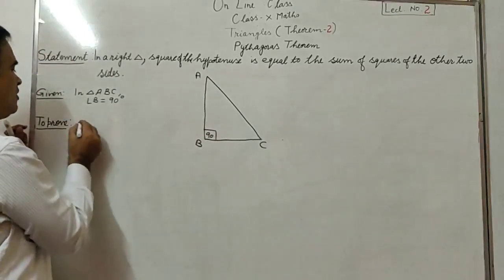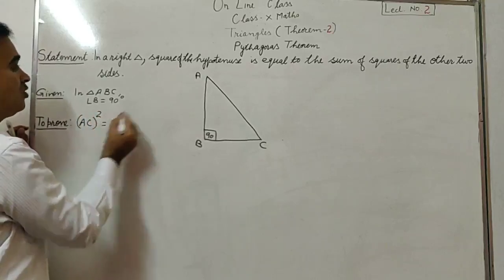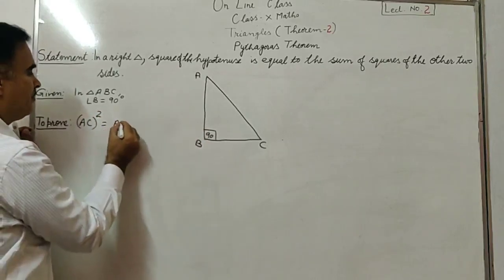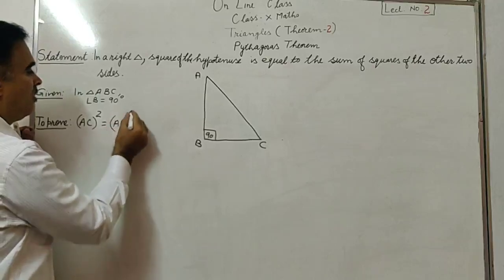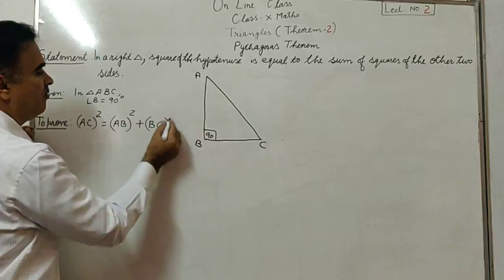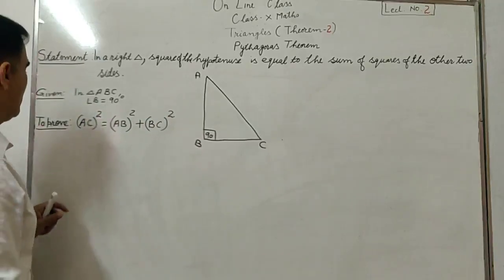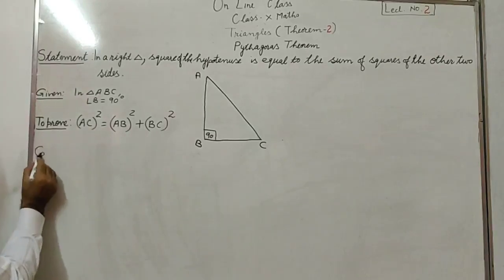So we have to prove AC square equal to AB square plus BC square. This we have to prove. Construction is there again for the proof.